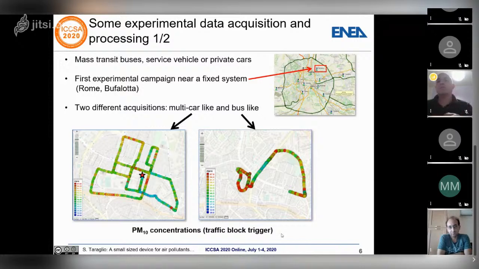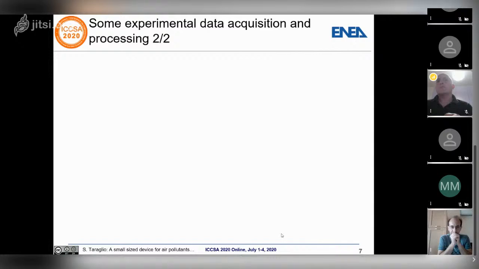And in order to acquire different pollutants, in this slide, you can see the information about the PM10 concentration in a normal traffic condition in a typical morning situation of Rome.